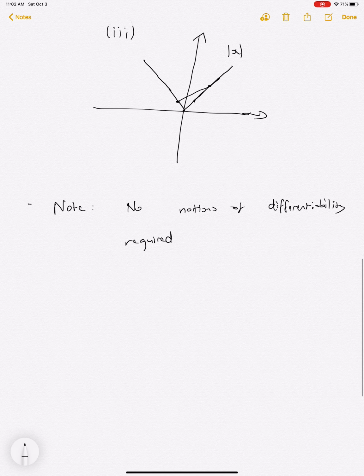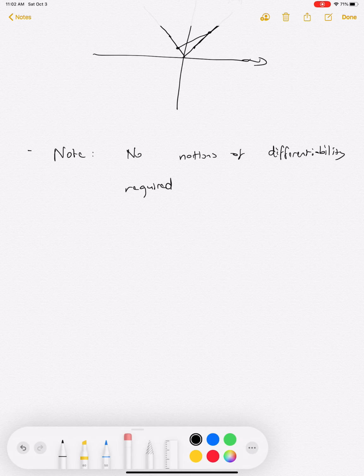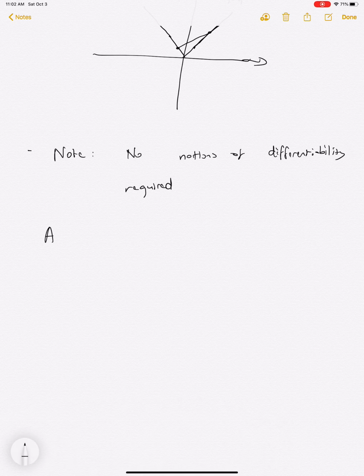Okay, so just to give different characterizations.